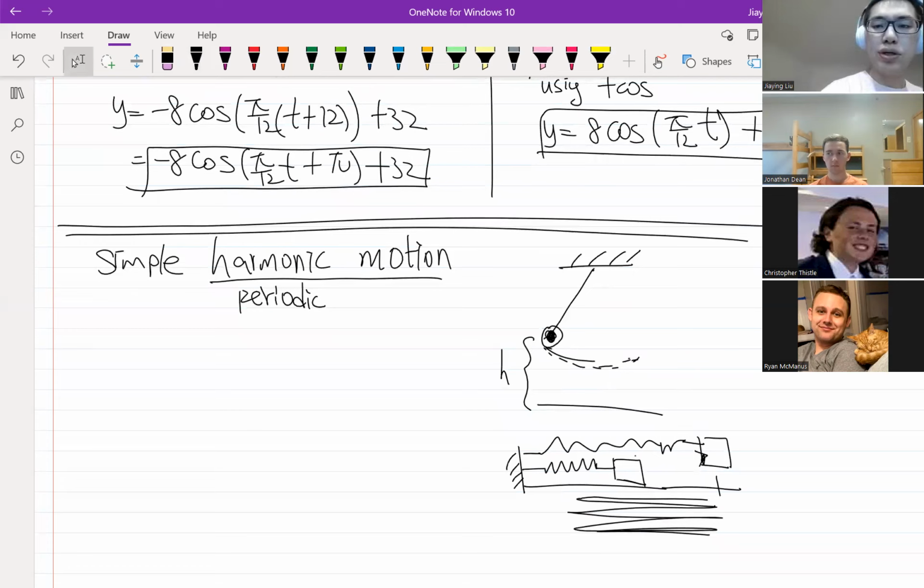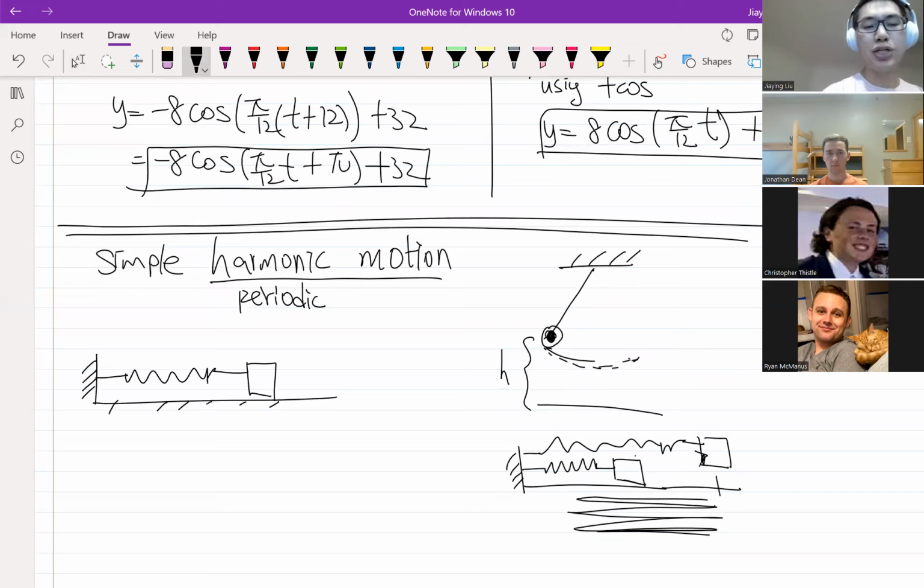So let's continue with the spring example. I'm just going to draw the diagram again. Suppose we have this spring, and suppose we did not stretch it, just leave it the way it is. This is t equals 0, and it's not moving anywhere. So the displacement d equals 0, right? But suppose we actually stretch it.